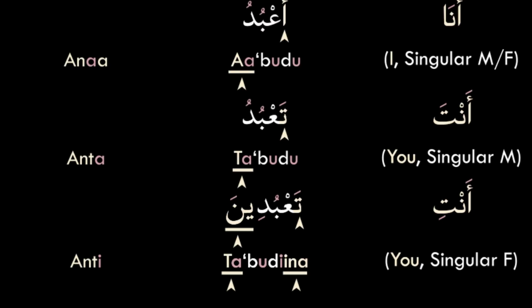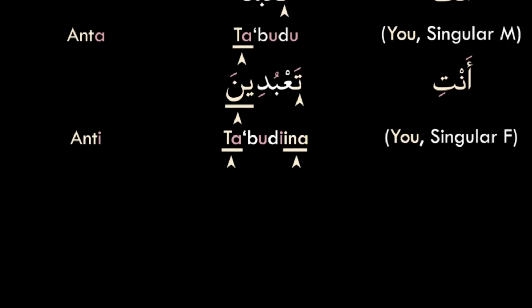Question: the letters that we prefix to verbs, are they considered as attached pronouns? The answer is no. The attached pronouns must always come in the end of a word, either verb, noun, or preposition. In Arabic, there exists a pronoun for dual you, I mean for 2 persons, like 2 men or 2 women.